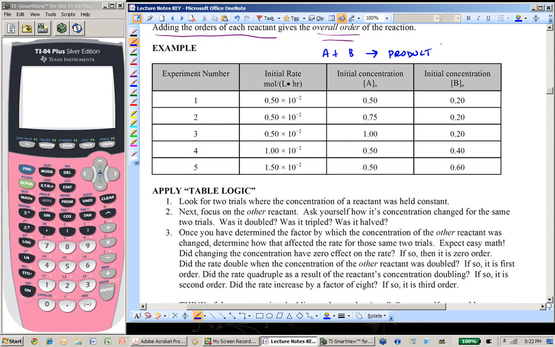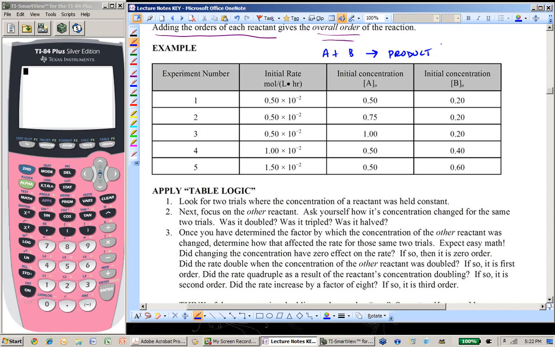But if you have two reactants, you better hold one constant while you vary the other, and then a well-designed experiment would, drum roll, indeed, hold constant what you varied and vary what you had held constant.